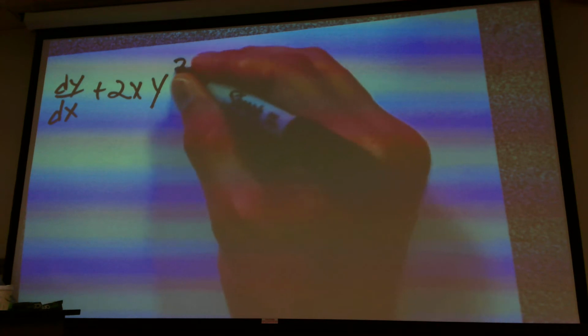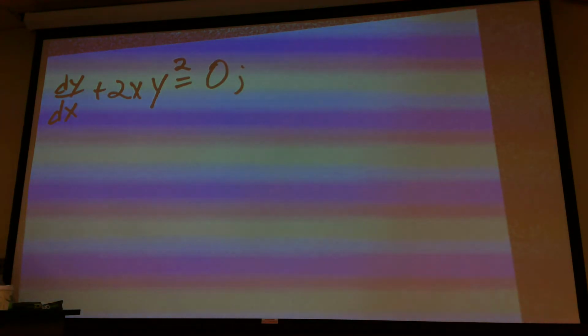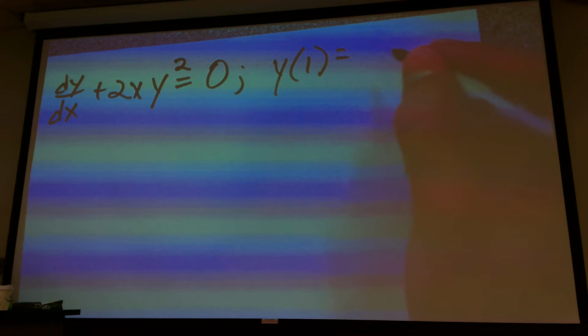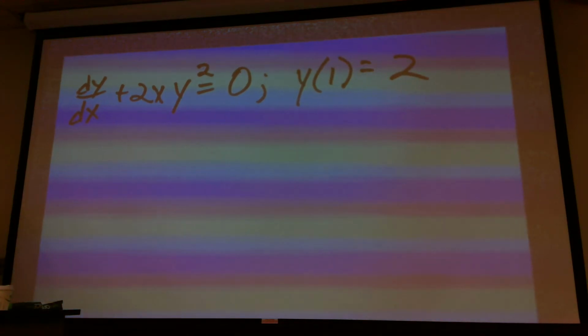So we have dy/dx plus 2x y squared is going to equal 0. And we have a boundary condition that y of 1 is going to equal 2.